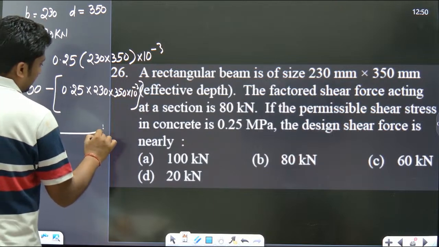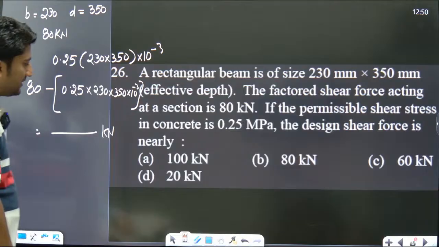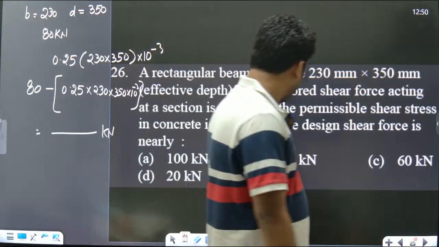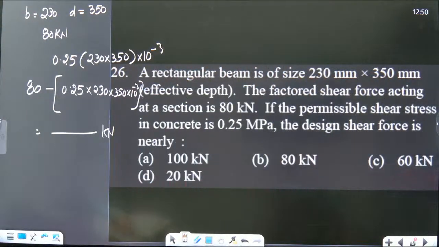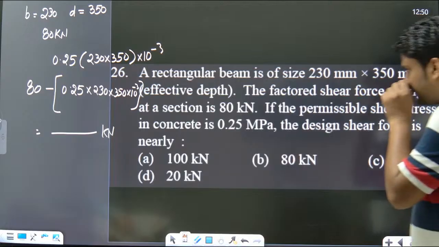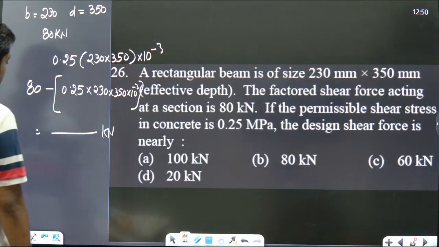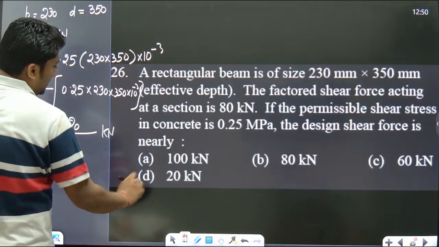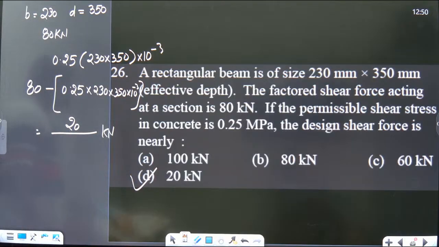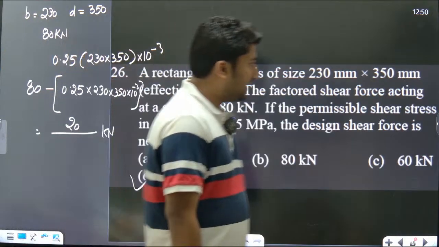You'll get the answer in kilonewton. This is your answer. It is roughly around 230, 350, so this will be roughly around 20 kilonewton. Option D is the correct answer.